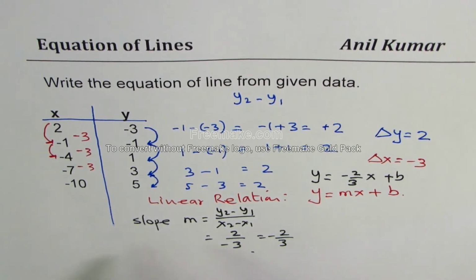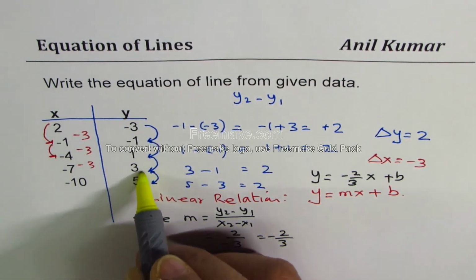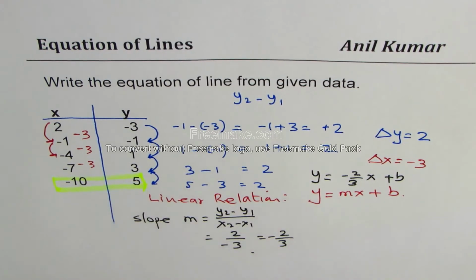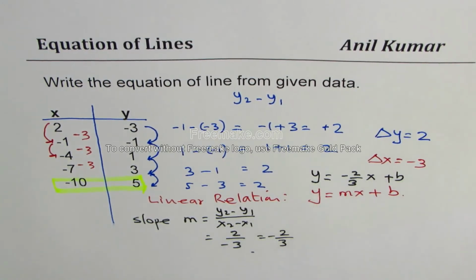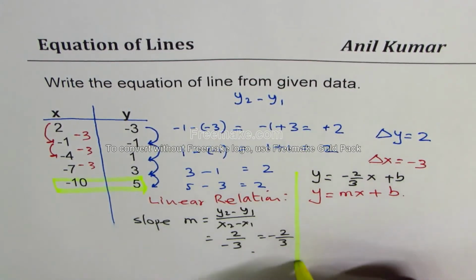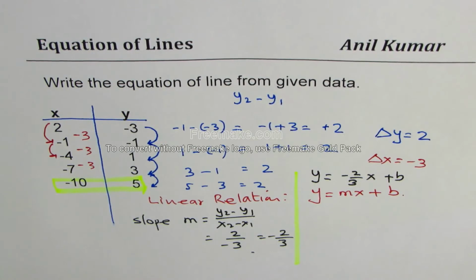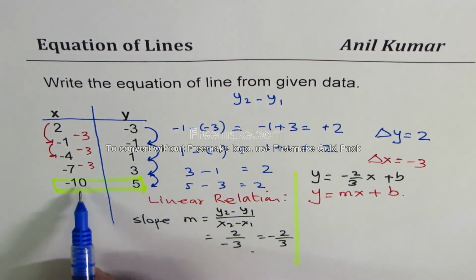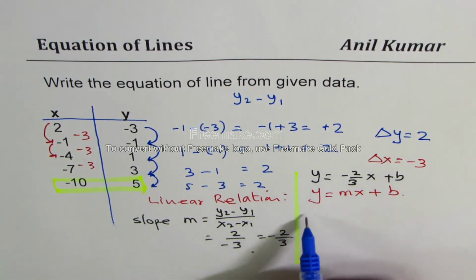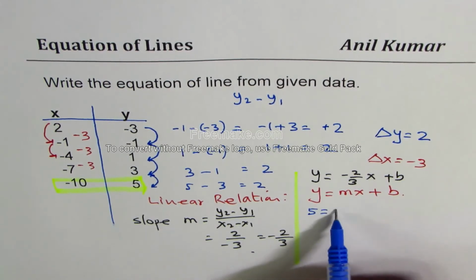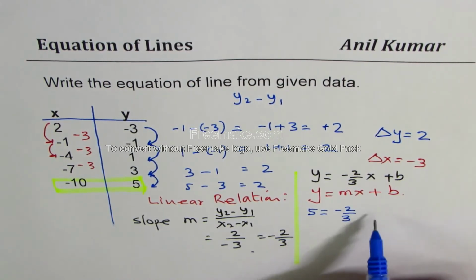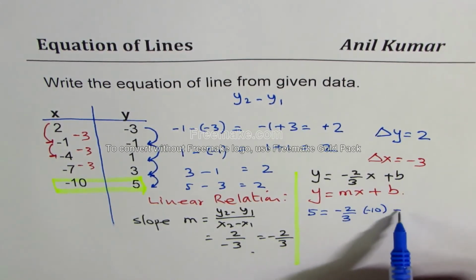To find b, we can choose some point from the given data, right? So let's take a point. Let us say we take 5 and minus 10. You could take any point, right? So in our equation, we'll substitute 5 for y and minus 10 for x. So we get 5 equals minus 2 over 3 times minus 10 plus b.